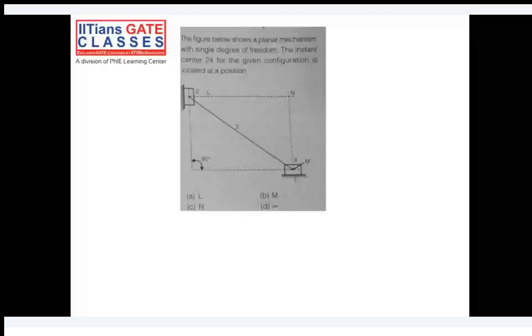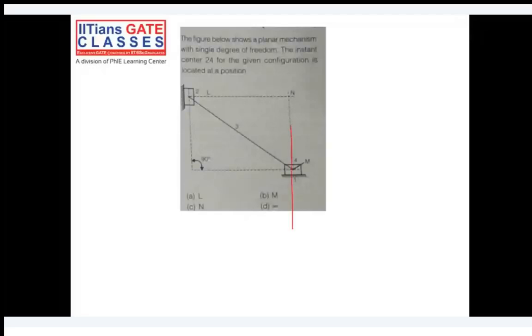2 4, for the given configuration. The instantaneous center 1 4 will be at infinity. Do you agree? On this line, somewhere it will be the instantaneous center of 1 4, this particular line.